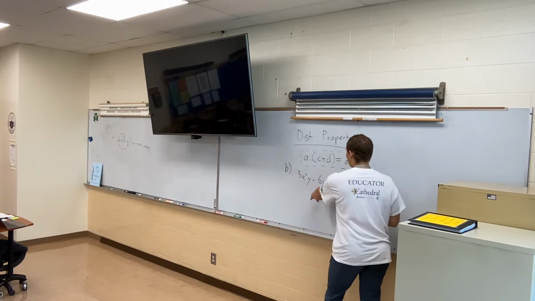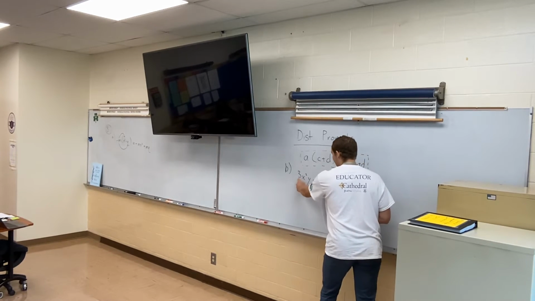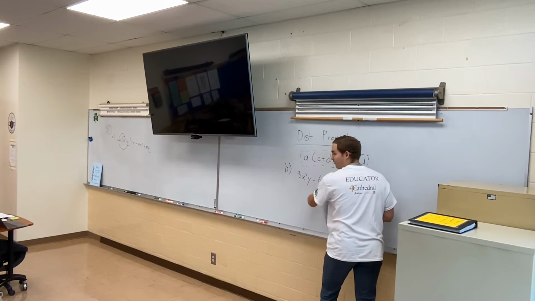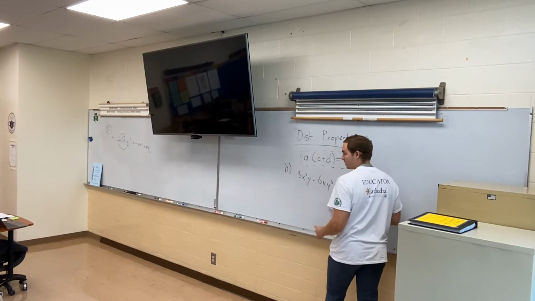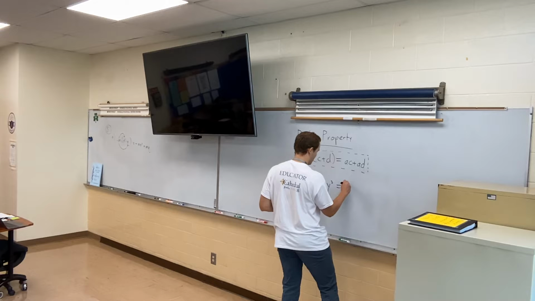Whenever we're doing this, it's a factoring problem. We look at the coefficient, the number next to my variables, and the greatest common factor they have, which here is 3. So I pull out the greatest common factor of these two numbers, a 3.